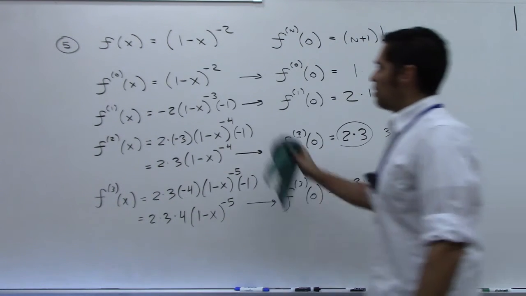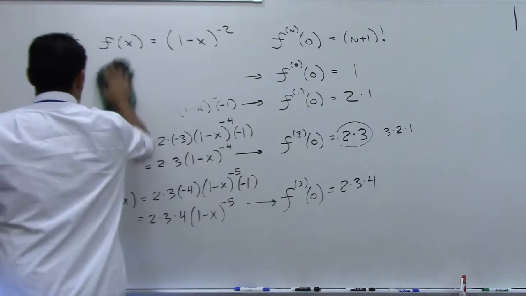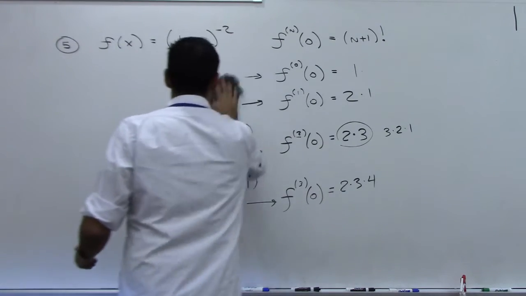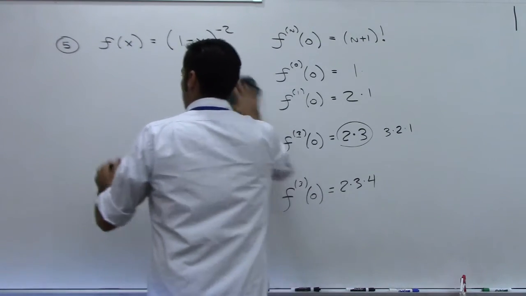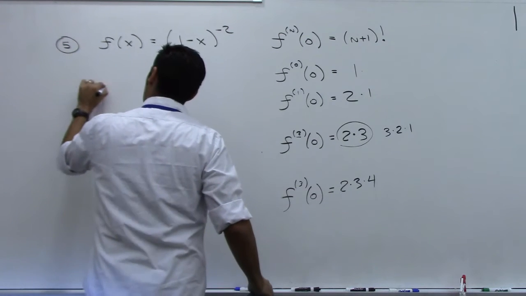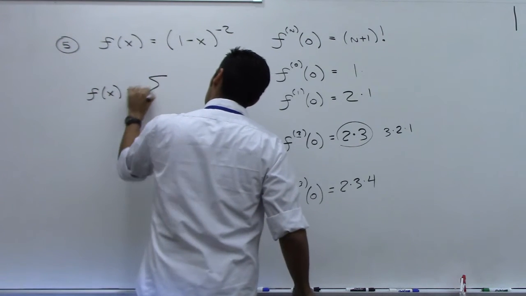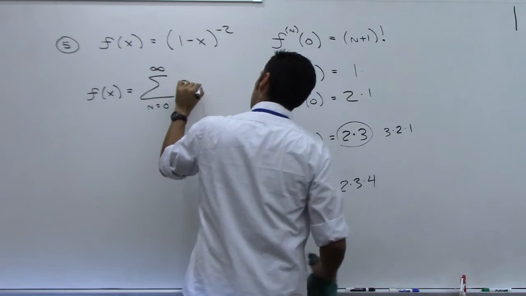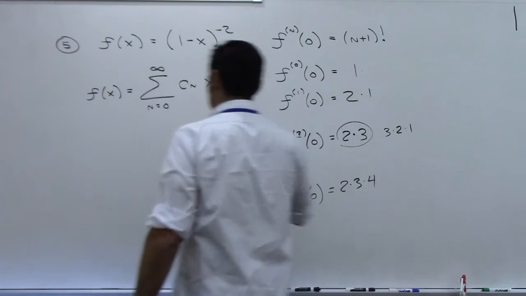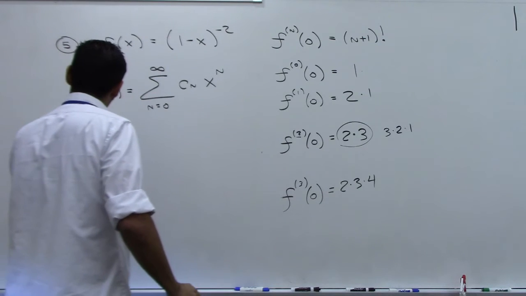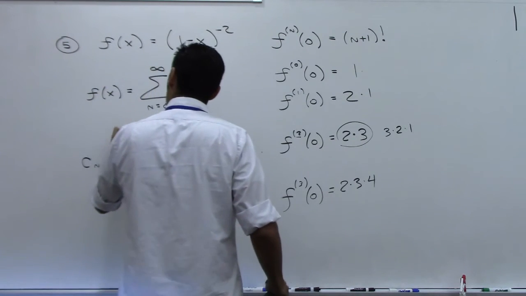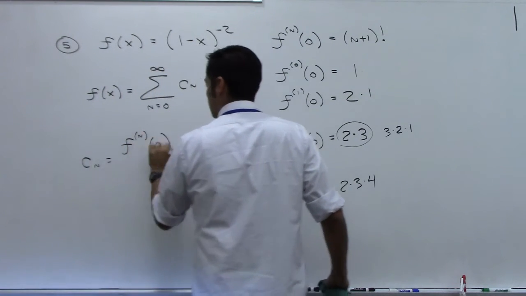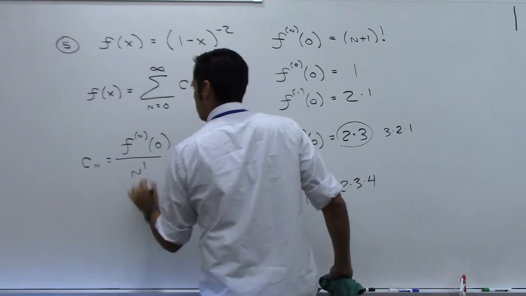So now let's go back and look at what we were supposed to see here. The function should be able to be rewritten as a sum, n equals 0 to infinity, c sub n times x to the n, where c sub n was the nth derivative at a, which is 0, over n factorial.